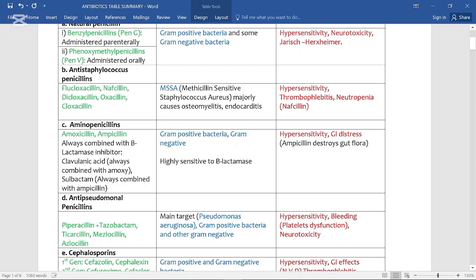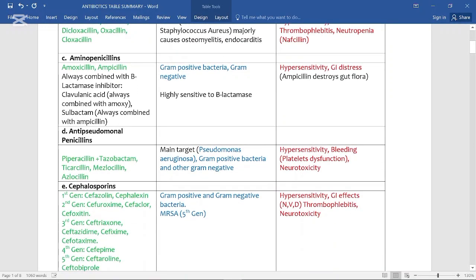We said that these drugs are very good, but they're highly sensitive to beta-lactamase. That being said, they're always given in combination with a beta-lactamase inhibitor, the likes of clavulanic acid and sulbactam. That's why you hear amoxiclav or Augmentin or Unasyn. So these drugs are always given in combination with a beta-lactamase inhibitor.